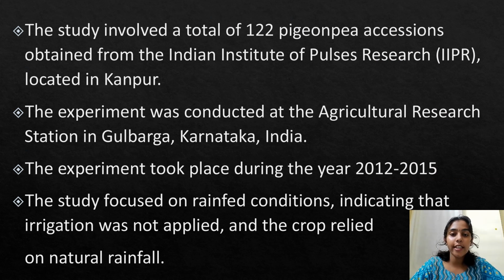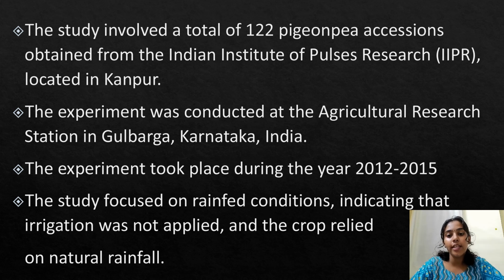Here, the case study involved a total of 122 PGNP accessions, which were obtained from the Indian Institute of Pulses Research, located in Kanpur, and the experiment was conducted at the agricultural research station in Gulbarga, which is located in Karnataka state.